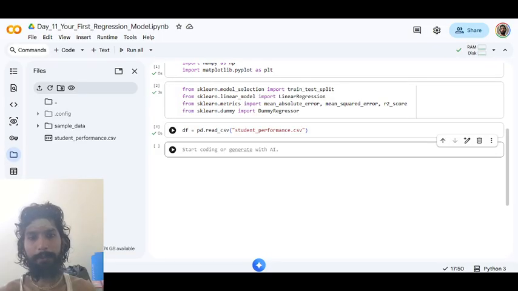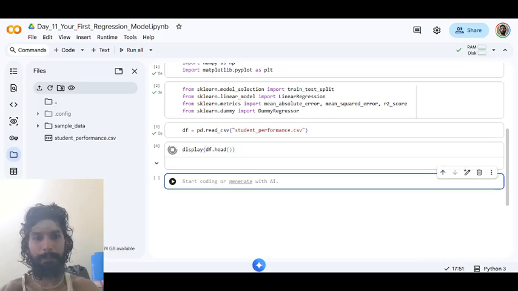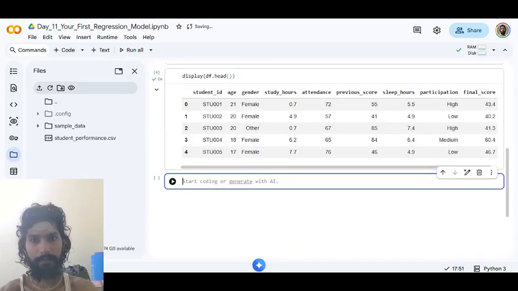Now what should we do immediately after loading a dataset? We should inspect it. Never begin modeling without understanding the table first. So run display(df.head()). The first 5 rows appear. We may have columns such as student ID, study hours, attendance, previous score, sleep hours, participation, and final score.